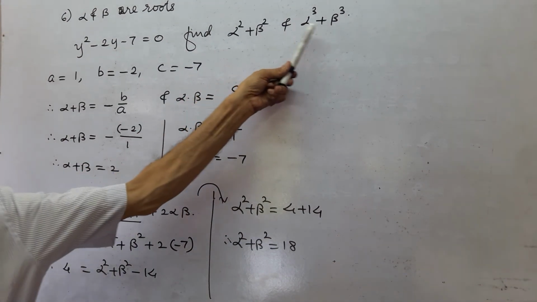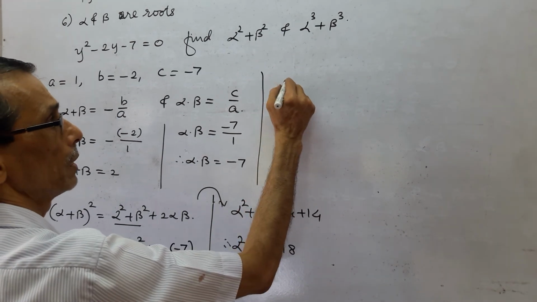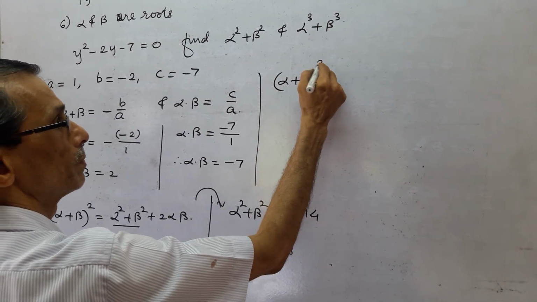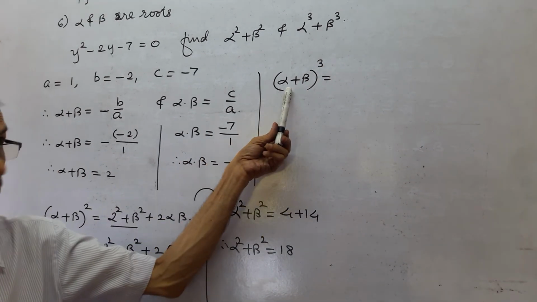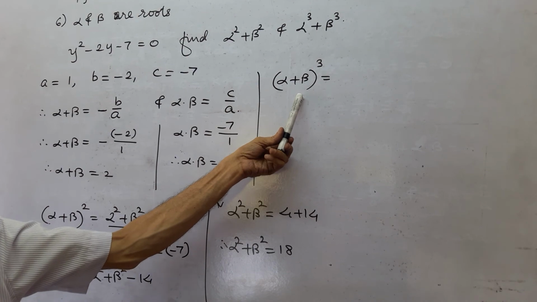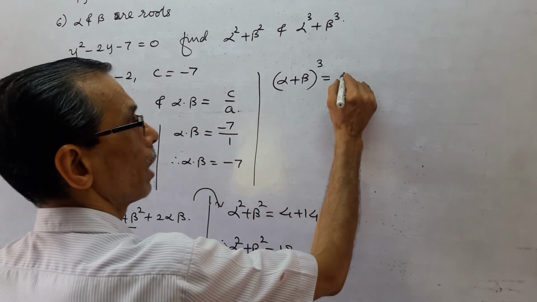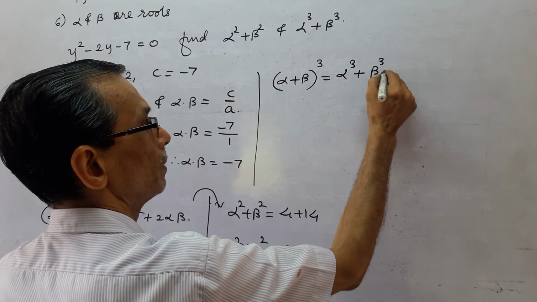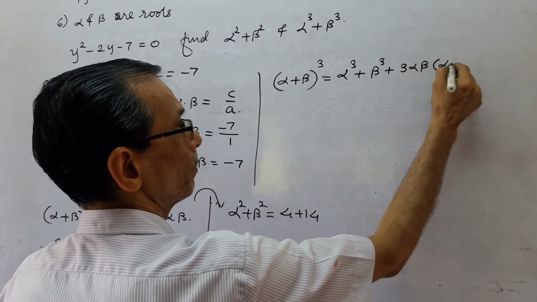Now we have to find alpha cube plus beta cube. Once again, the formula is: alpha plus beta whole cube. This expansion formula you have studied in 9th standard and also 8th standard. Alpha plus beta whole cube is alpha cube plus beta cube plus 3 alpha beta into bracket alpha plus beta.